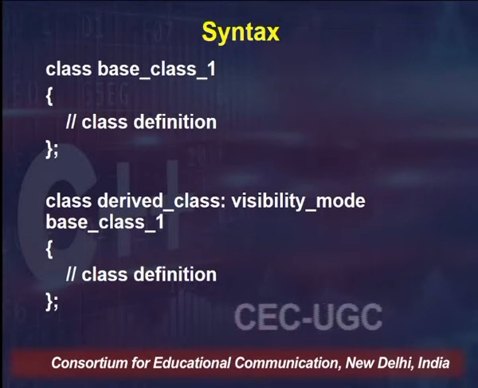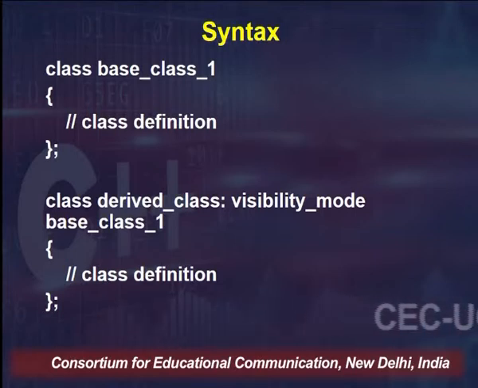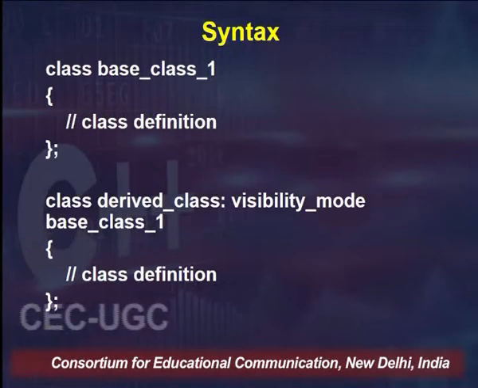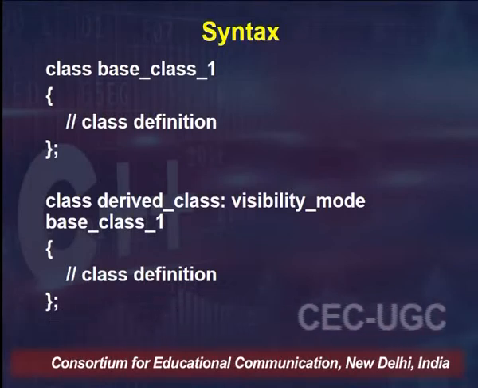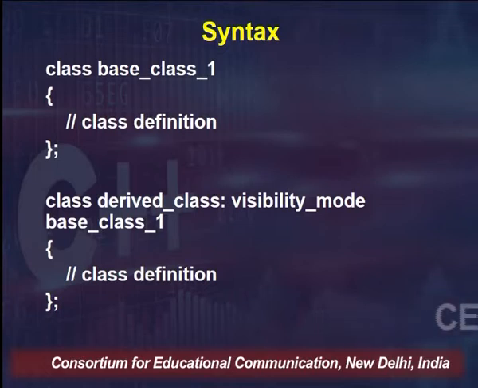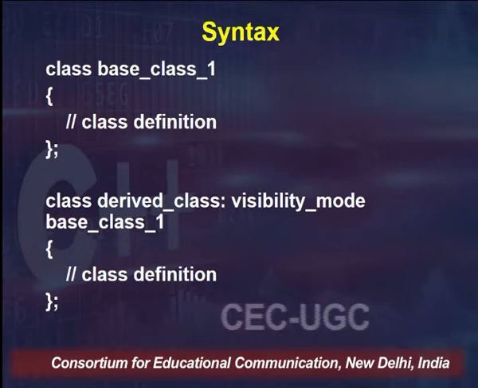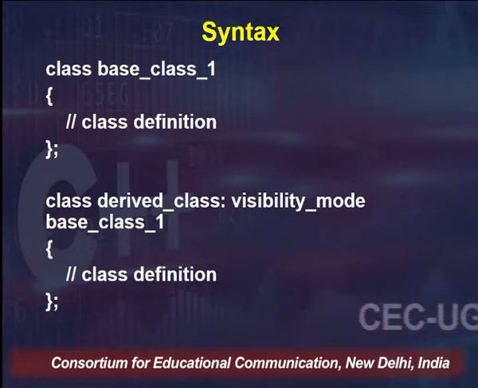After the visibility mode we need to write the name of the base class. For example, we have a class A which is the base class and class B which is the derived class. So we will say class B colon public, private, or protected, and then A, and then we will define the whole features or definition of class B, which is our derived class.